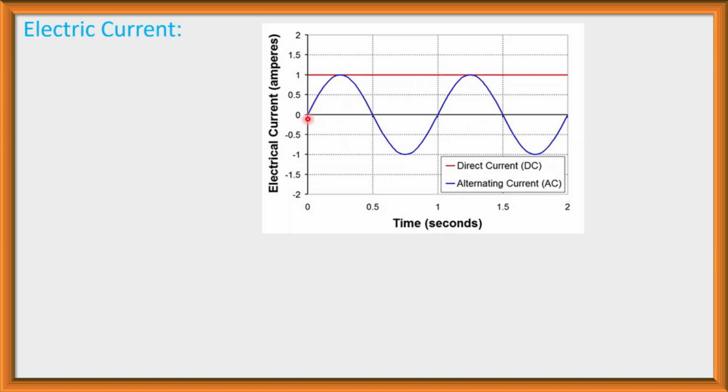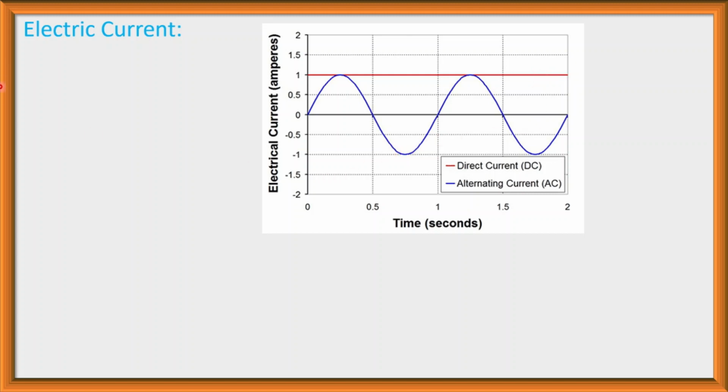And here, from 0 to 1 ampere, then it will decrease and become negative, with a minimum of minus 1 ampere, then it will increase again, and here 0, then it will be positive, then after decreasing it will be 0 and then again negative. So positive, negative, positive, negative, so it is alternating current, and this is direct current. DC and AC.